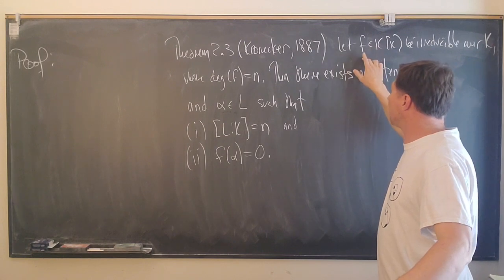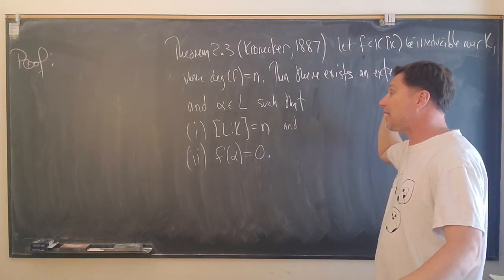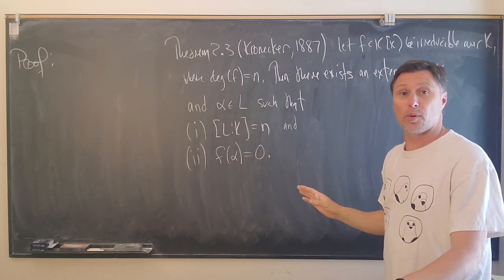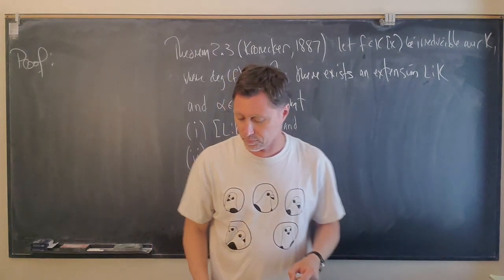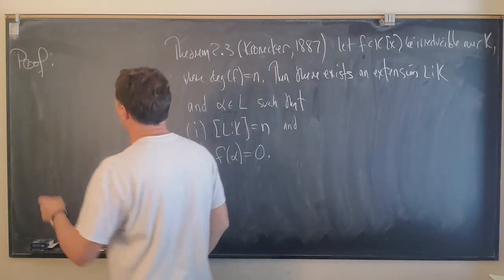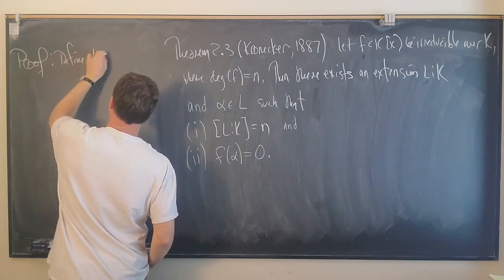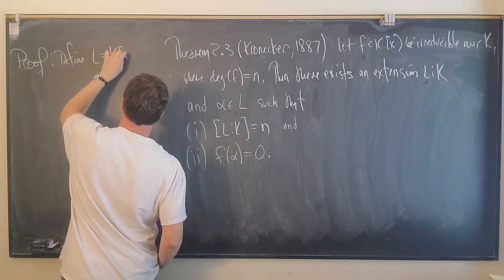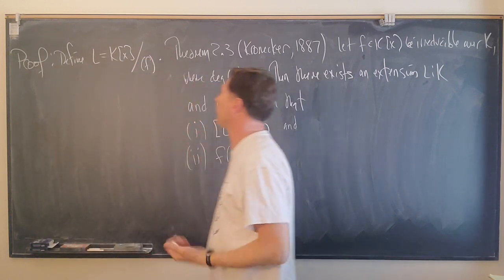And one thing we know, if you have an irreducible polynomial and form the ideal generated by that irreducible polynomial and then take the quotient, you get a field. So we're going to define L equal to K[x] mod f, or mod the ideal generated by f.